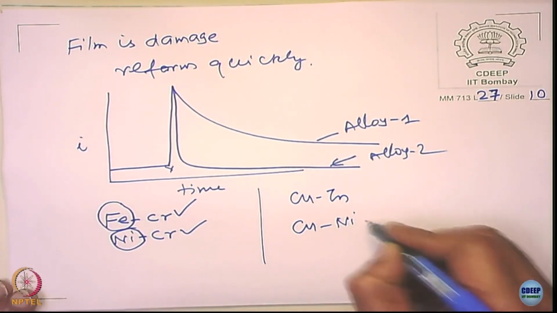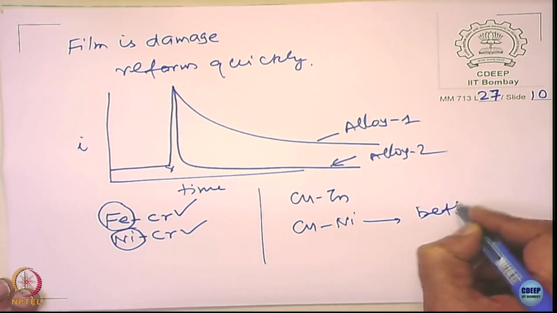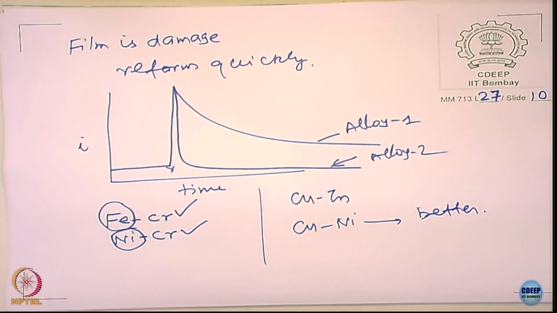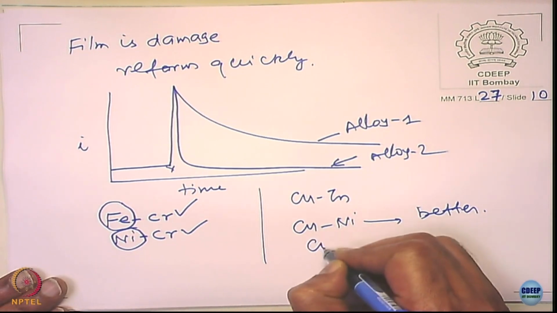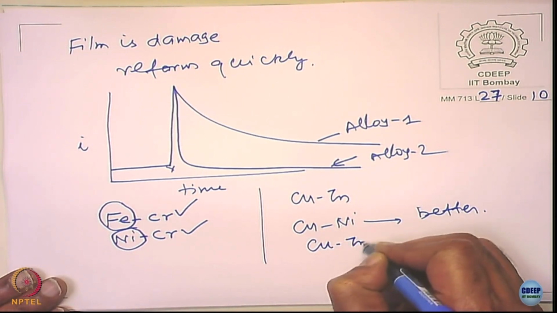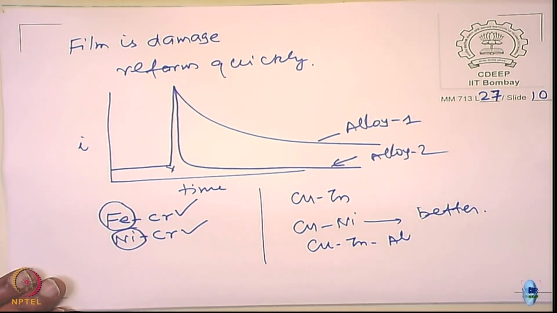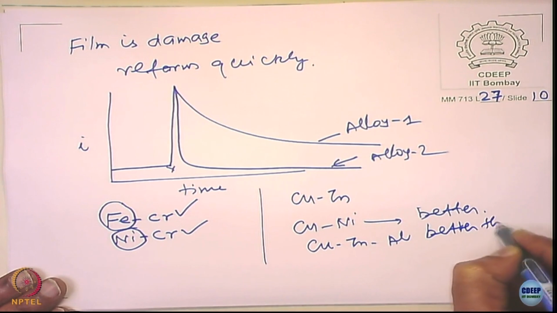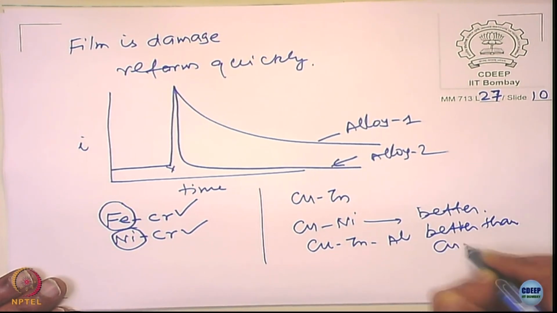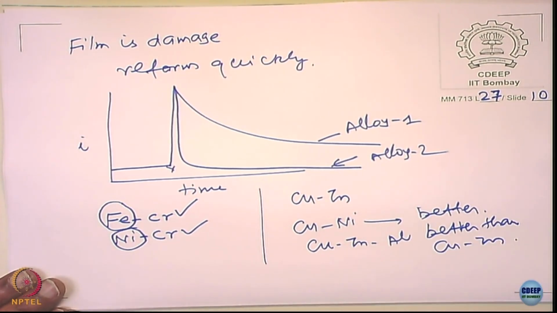This will be better. Now if you are going to add, let us say, copper, zinc and aluminum, suppose you add to this, this is better than copper zinc.